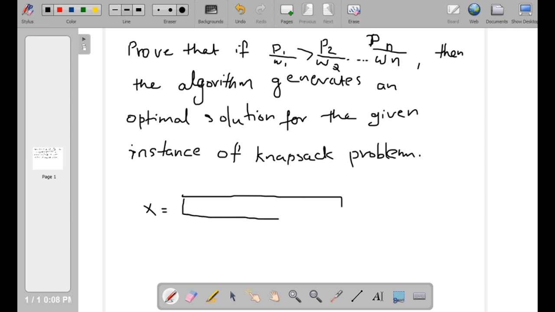There are n items, 1, 2, 3, 4, n. It is like this: 1, 1, 1, and 3 by 4.